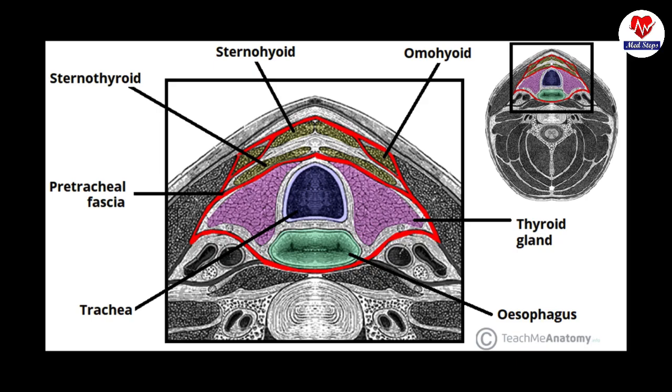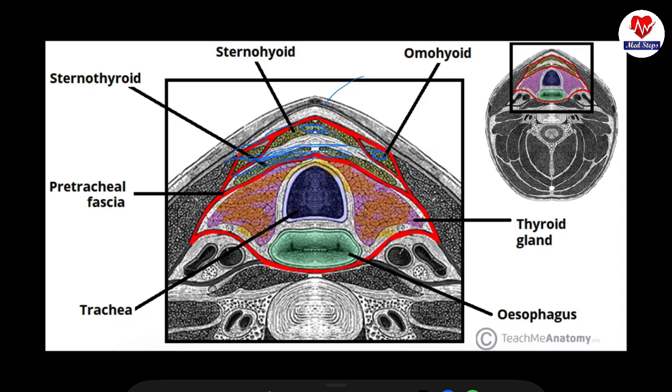In the anterior part we can see skin, the platysma muscle, and then the strap muscles, this yellow colored structure. Next, this is the thyroid gland, I am marking it here.